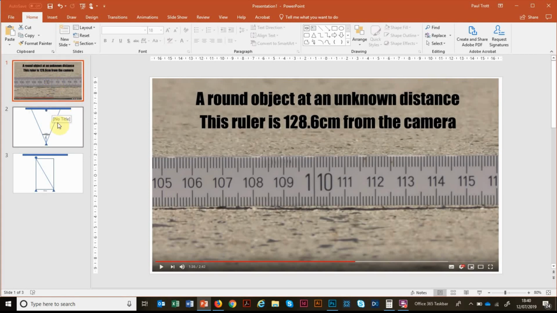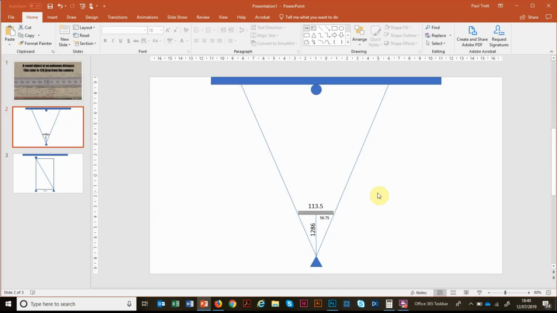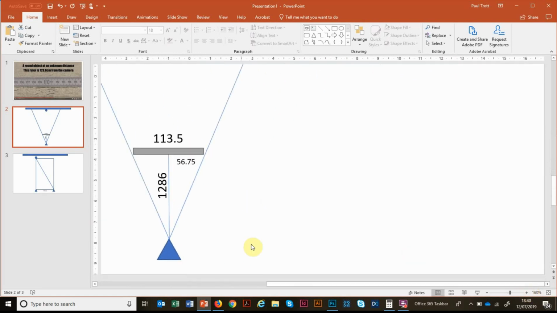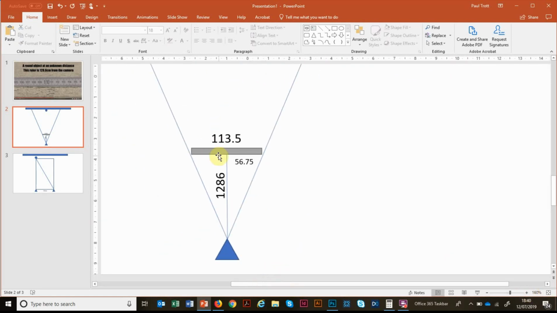So the first thing we want to do is work out what this angle of view is. The camera is obviously zoomed in quite a way, so it's going to be a relatively narrow angle. The way to do that is we have effectively two right angle triangles, and we want to work out this full angle here, so we're going to take one of these angles, work out what it is, and then multiply it by 2.